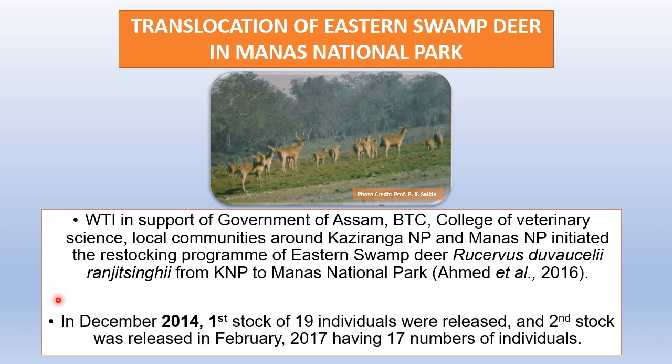In December 2014, the first stock of 19 individuals was released, and the second stock was released in February 2017, having 17 individuals. First, all are released in the Boma. After that, they are released in natural wild habitat of Manas.